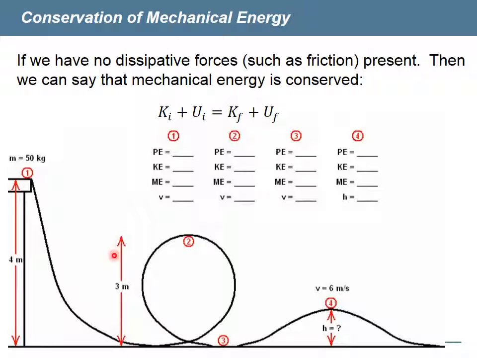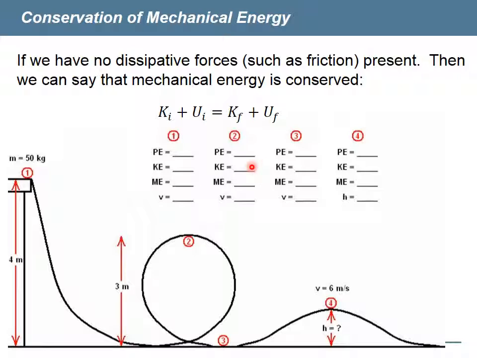So because I have a height and a mass, I can find out what my potential energy is right here. I encourage you guys to try to work out this entire thing and find what your potential energy is. 3 times 50 times 9.8. And then this right here would just be whatever else I need to add to this to get that. Or we can just say mechanical energy minus potential energy would be our leftover kinetic energy.